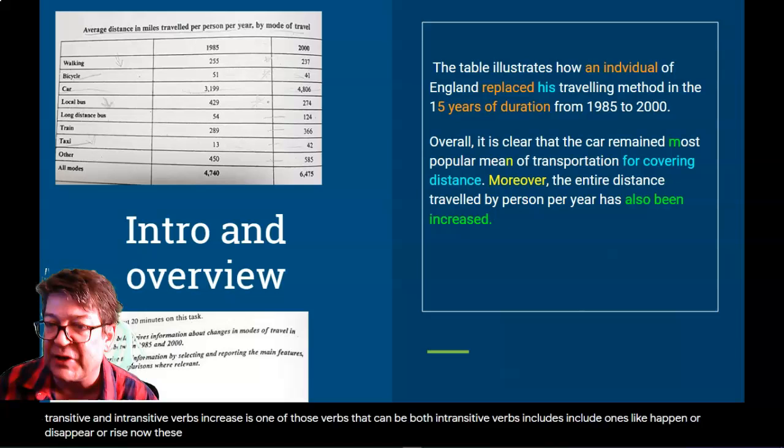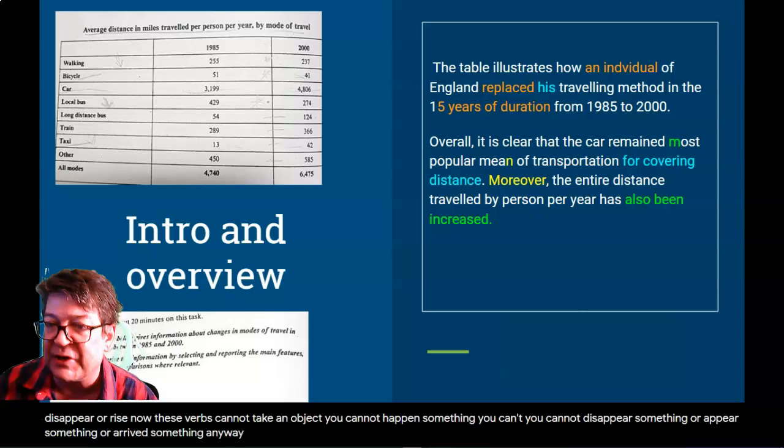Now, these verbs cannot take an object. You cannot happen something. You cannot disappear something or appear something or arrive something.